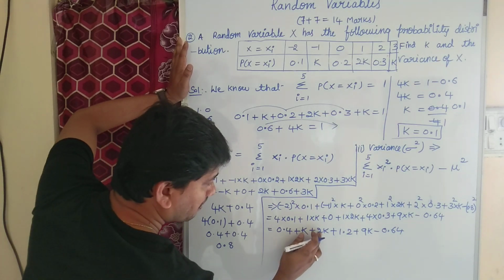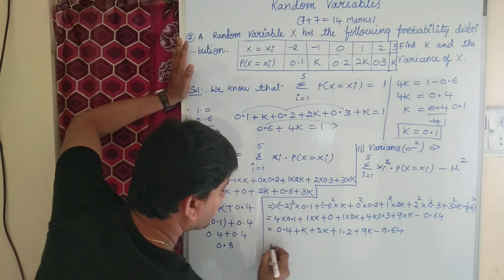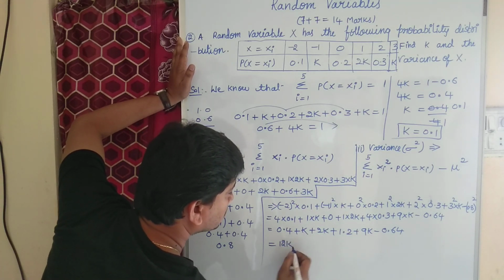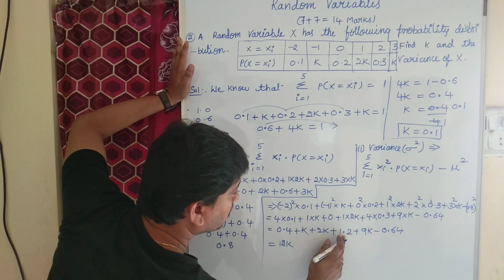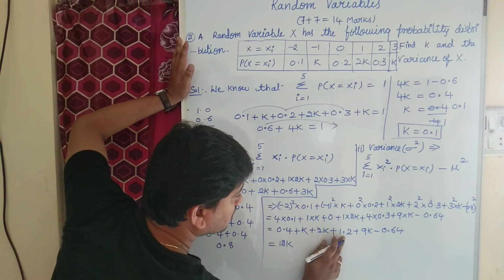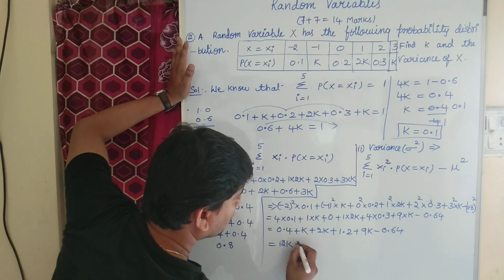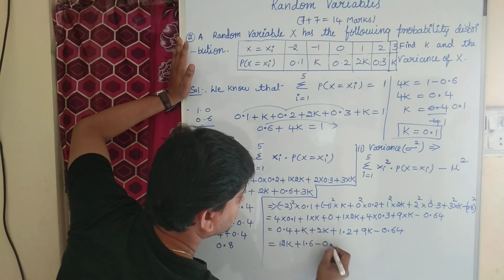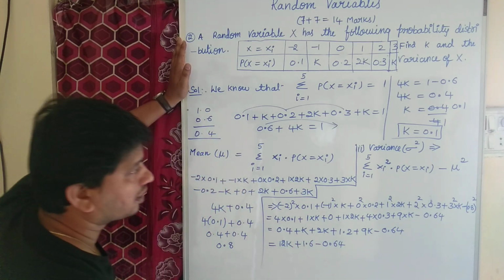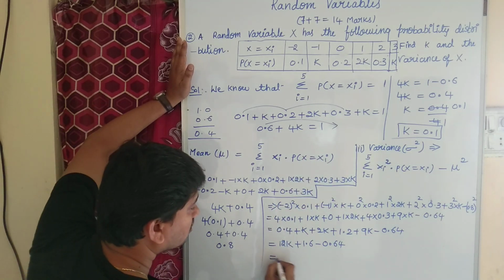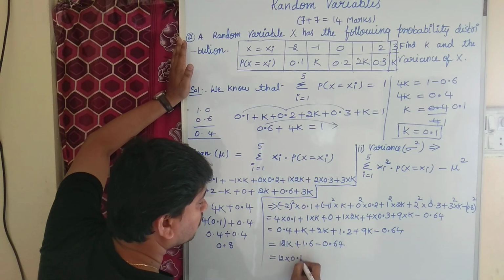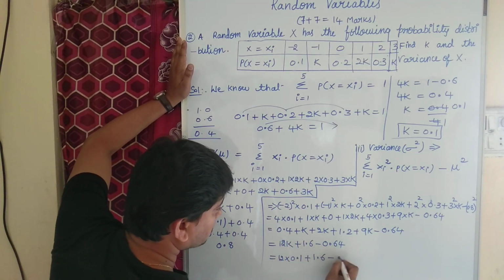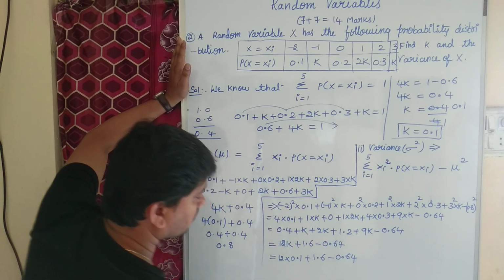Now k plus 2k 3k, 3k plus 9k 12k. 0.4 plus 1.2 is 1.6. 1.6 minus 0.64, right? As the value of k is 0.1, 12 into 0.1 plus 1.6 minus 0.64.